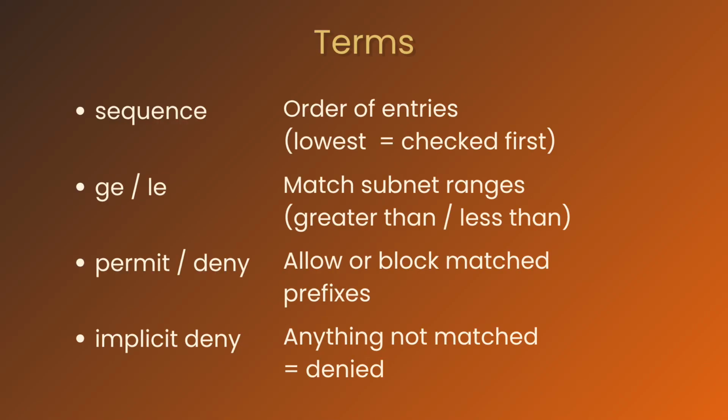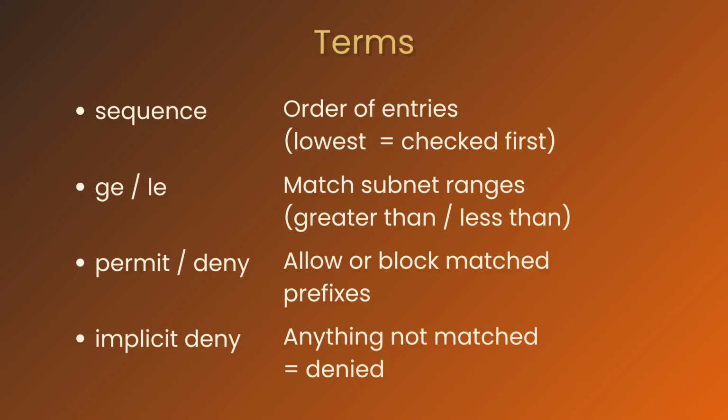Before we go any further, let's lock in a few terms you'll see in prefix lists. Sequence numbers. These control the order your prefix list matches routes. The router reads them top to bottom. Permit and deny. Same idea as ACLs. Prefix and mask.